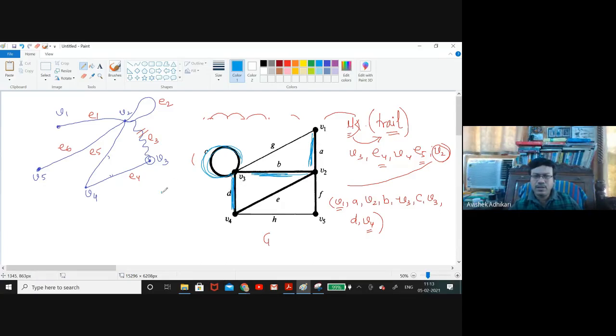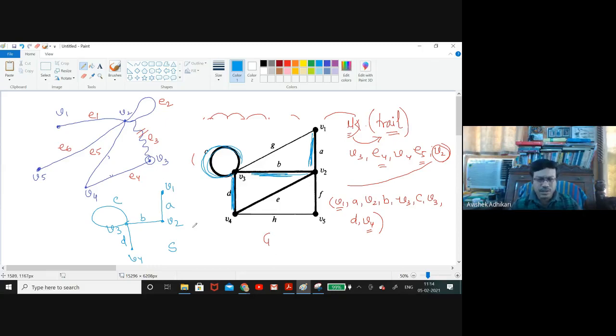So it starts with V1, then A, then V2, then B, then V3, then I have a loop which is C, and then I come to V4, which is my D. You can see that this is nothing but a subgraph of the whole G. So I can consider this to be S. S is again a graph, and this graph is a subgraph of G.